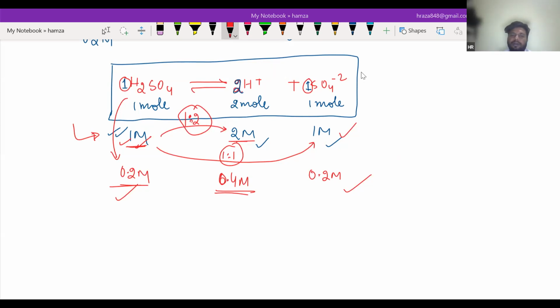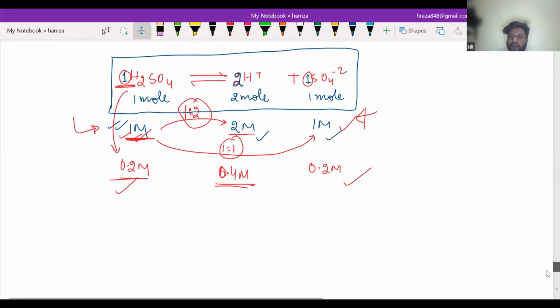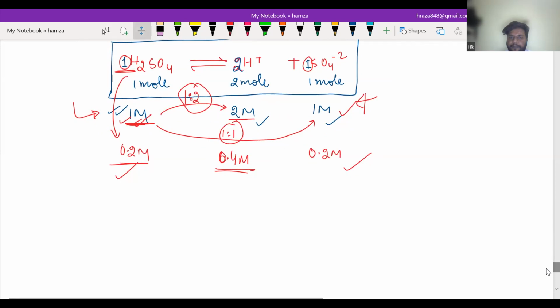Very good question. Hamza, this is generalized. Basically, one is what we, oh, wait a minute. Have you studied in class 11th stoichiometric coefficient or not? Stoichiometry. Yes, it's the coefficient before that. For example, 1. Basically, this is not changed in this.